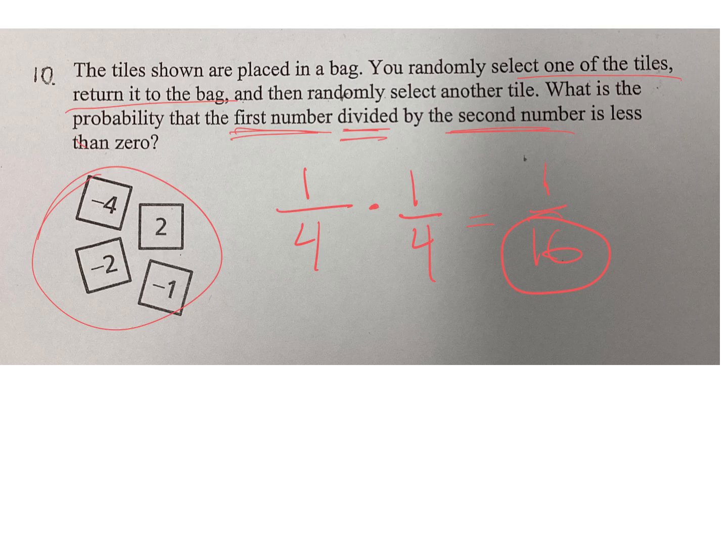Out of those 16 different possibilities, I need to see how many are less than 0. How many negative ones?